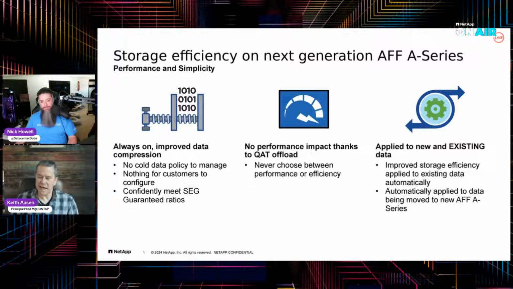So where we landed was, hey, we've got this hardware offload and it's there. Let's use it. So the idea was, let's use it for all data as we get data. In other words, if you're SnapMirroring data to one of these new AFF A series, that will be applied as the data is coming in via SnapMirror. If you're writing data from a client, the new compression is applied inline.